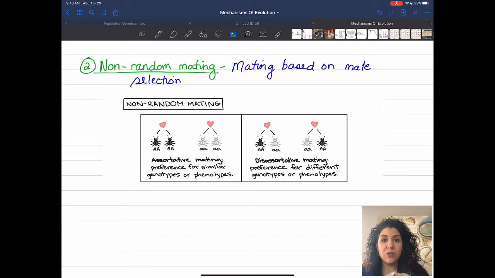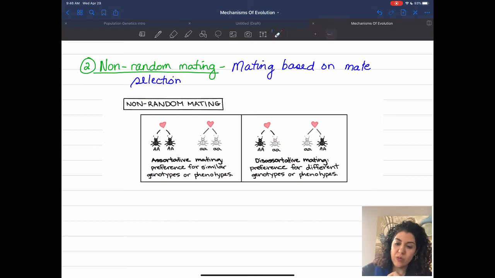Now, when it comes to humans, it has actually been done. There have been studies that have been done about which way do we usually prefer to mate. And it has nothing to do with blondes prefer blondes or brunettes prefer brunettes. The studies that they've done is we actually do disassortative mating. And they did an experiment where they had these men wear these t-shirts.